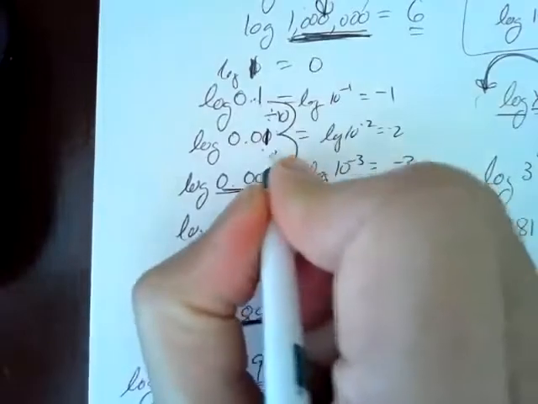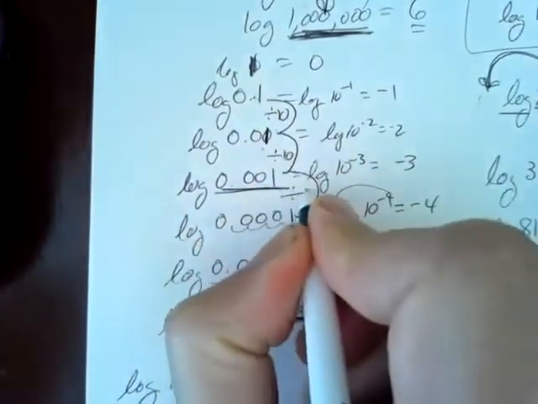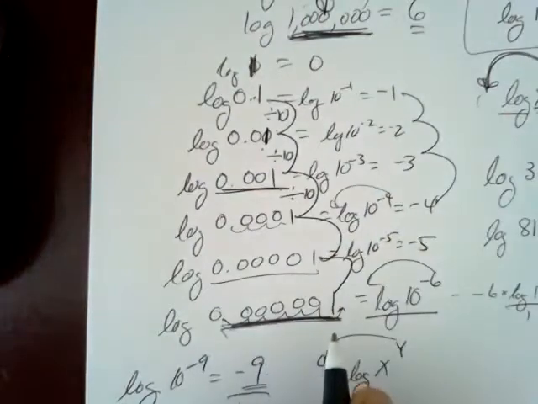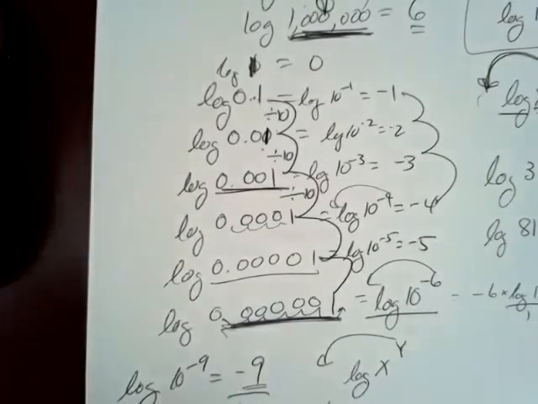So in each case, we're dividing the previous number by 10, and we're going down 1 log unit. So even though we're dividing by a full 10, we're only getting a 1 log unit change. And again, what this helps us do is simply express phenomena that occur on really big scales and squish them down to relatively small scales.